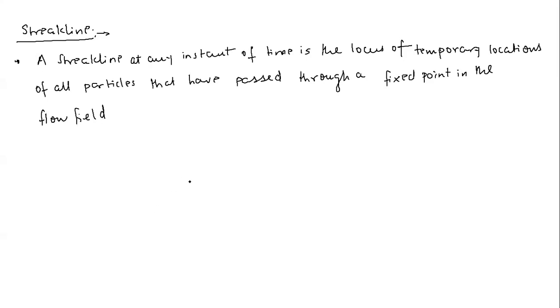So in very simple words, let's say I took a fixed point here. Let me call this point O. Now let's say at time t equal to 0, there was some fluid particle P1 which started its journey from this point, and it crossed this point after some time, let's say after delta t.